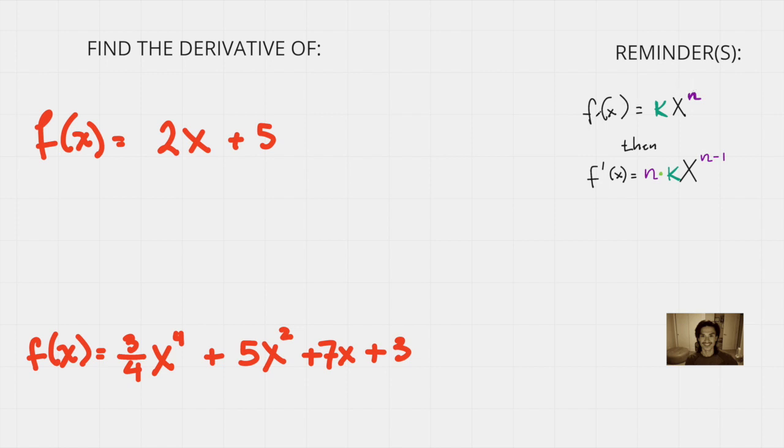So if f of x is this function equal to k x to the n, then to find the derivative, to find the slope function basically, you need to drop the n. So basically n will drop, you multiply by the coefficient k, which is a constant, and then you take 1 away from the original power of n.